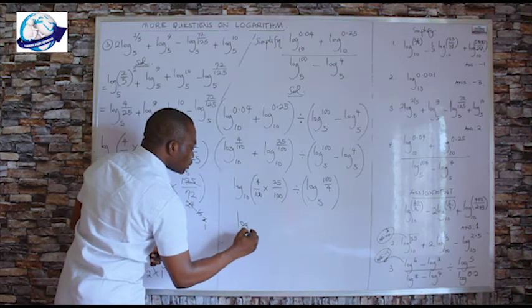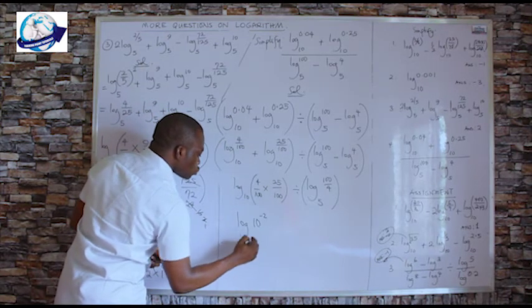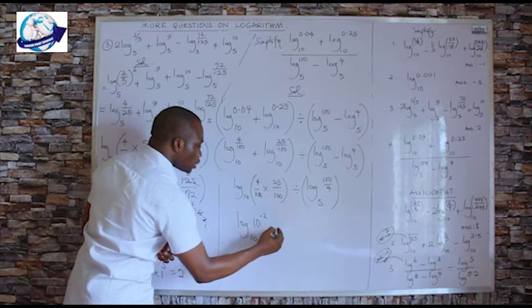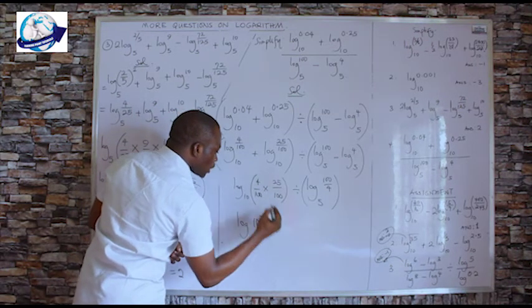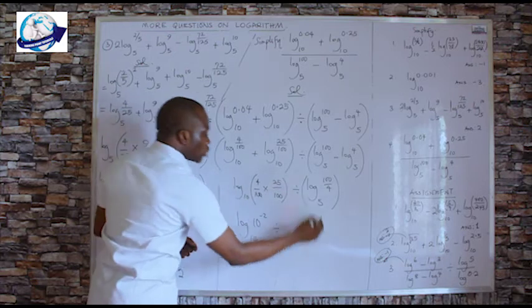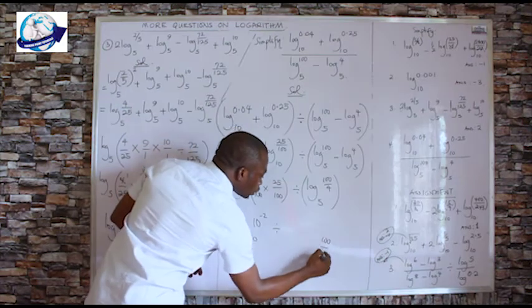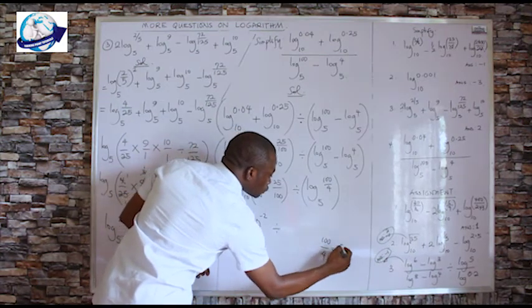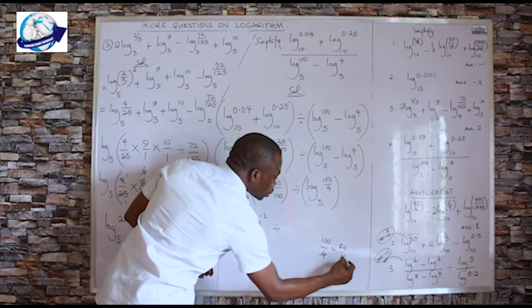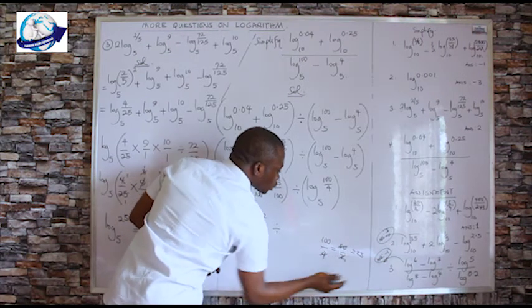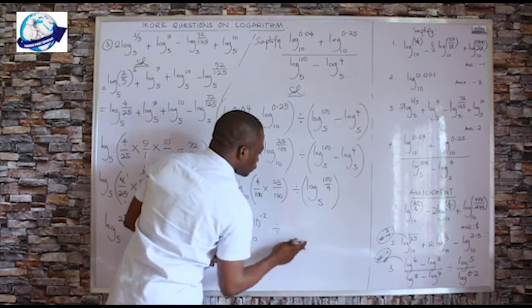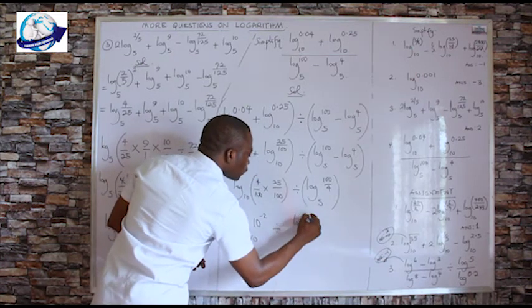So log 10 raised to power minus 2 base 10 is what you have here, right? Divided by, what do you have here now? This 100 over 4. Now when 2 goes into this, 100 is 50, 4 is 2, then 2 goes into 50 is 25. So everything here is now 25, so we have logarithm 25 base 5.